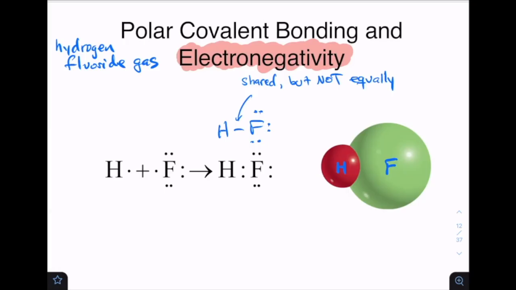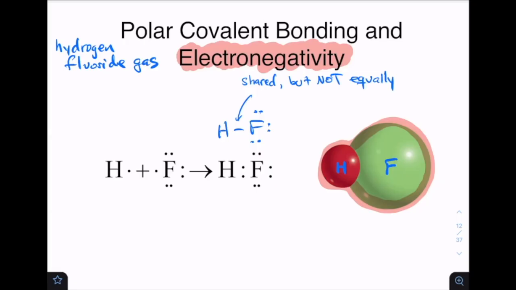Well, we can describe that zone of probability around the hydrogen fluoride the same way. Those shared electrons are going to spend more time closer to the fluorine atom nucleus than they are going to spend closer to the hydrogen. And if you remember a little bit about effective nuclear charge in that discussion we had, as we went across the second period, as we got closer to fluorine, that effective nuclear charge became greater and greater.